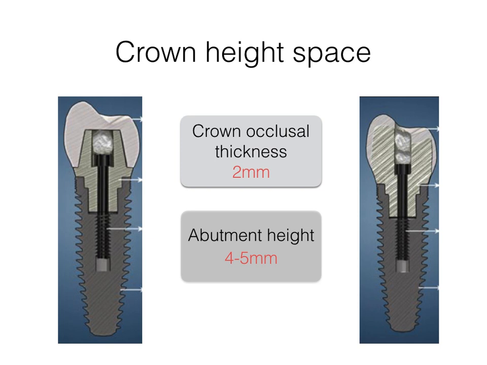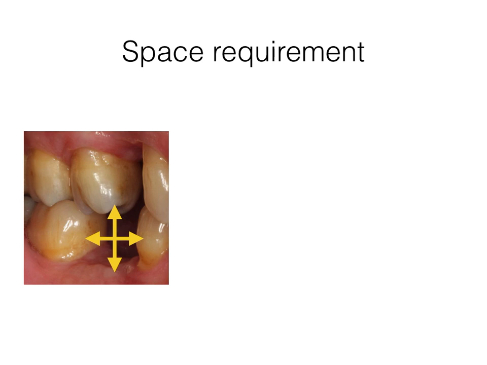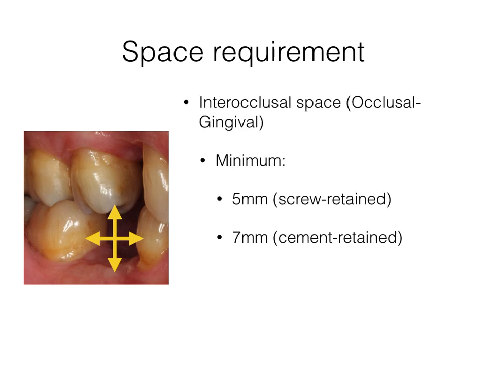So the numbers for the interocclusal space, from the occlusal surface to the gingival line, are that the minimum is 5 mm if you want to do a screw-retained restoration. However, cement-retained restorations need more than 7 mm.